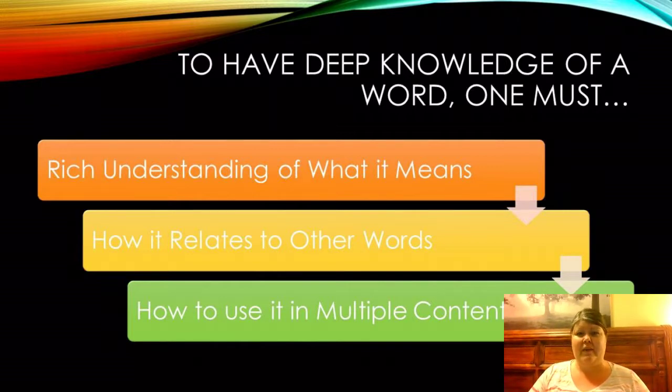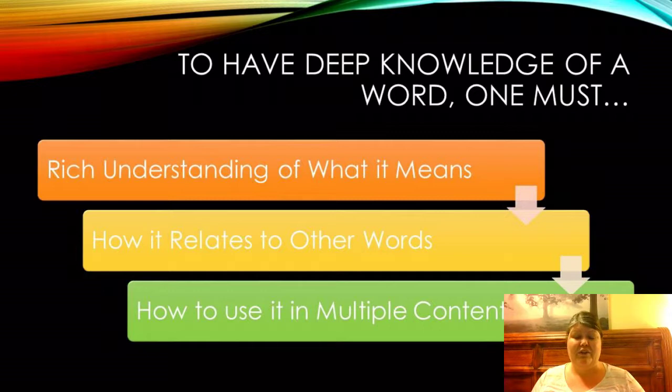If they're talking about their habitat, they can use examples and synonyms and descriptions to describe that word and paint that picture for somebody else. And they need to know how to use it in different content areas. That's how you would be able to know if a student has a rich understanding of what that word is, and they can really understand the meaning of it instead of just "it's a place that animals live," right? Because we definitely know that there's more to that.